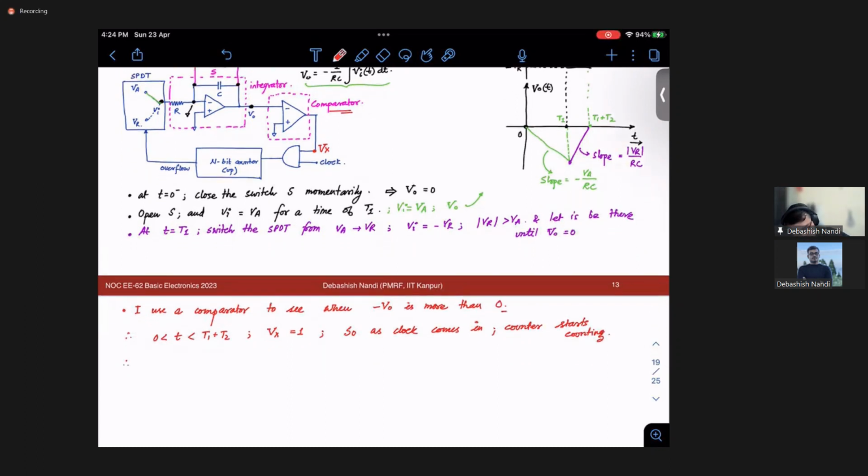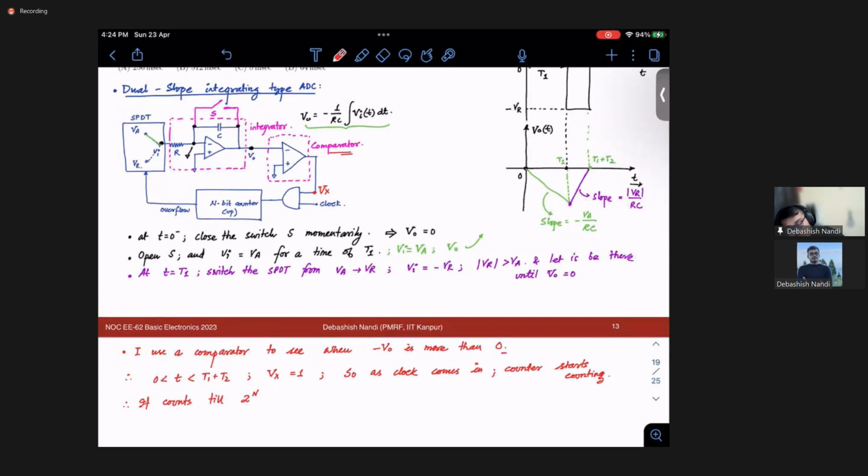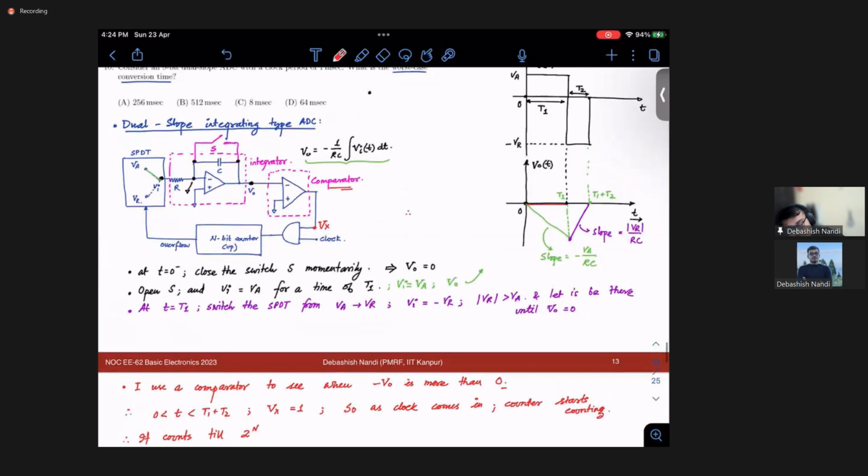So it counts till, and also you can note from this side that these ratios, that is your VA into T1, is equal to mod VR into T2, right? So you can find out that your T2 is T1 by mod VR into VA.